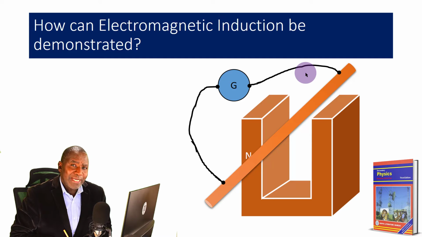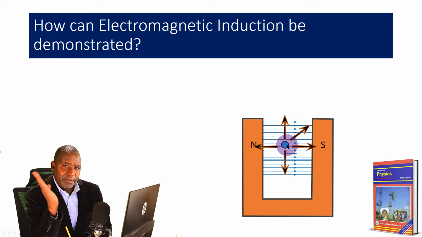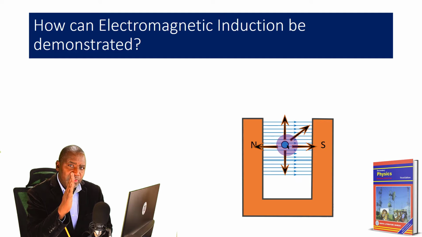that when the conductor is moved in such a way that it cuts the magnetic field, let me go back to that demonstration and say that when you move it upwards, the galvanometer may deflect to the right, and then it comes back to zero when you're not moving the wire.